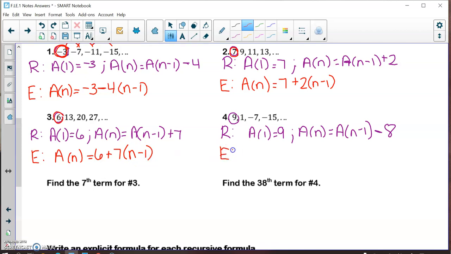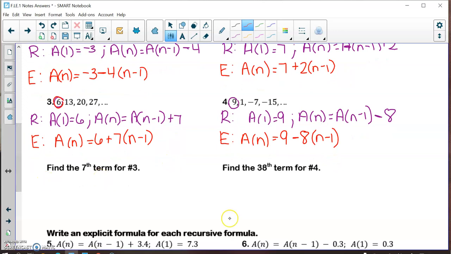And then number 4, same thing, a of n is equal to your first term, which is 9, plus your common difference, which in this case is -8, times n minus 1. And that's it for the explicit formula. Now, in the next question, it says find the 7th term for number 3. Since the 7th term is a low term number, we are going to use the recursive formula.